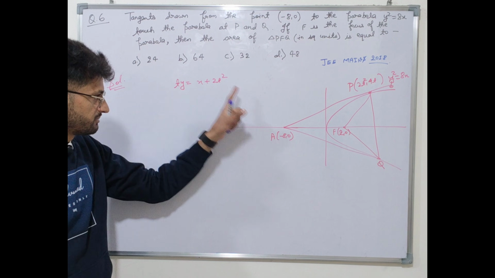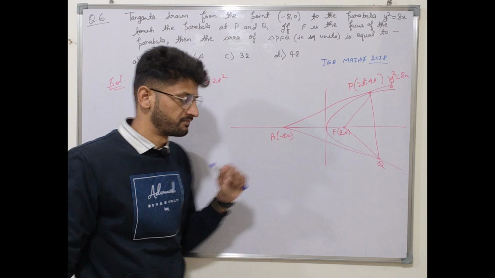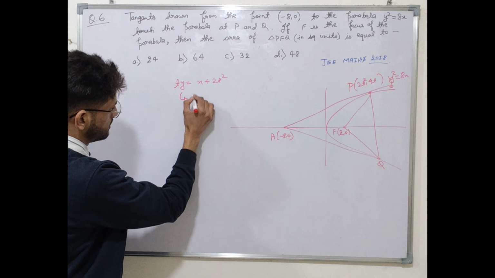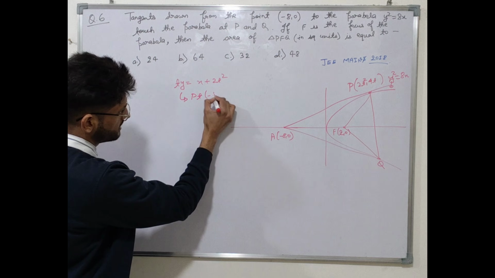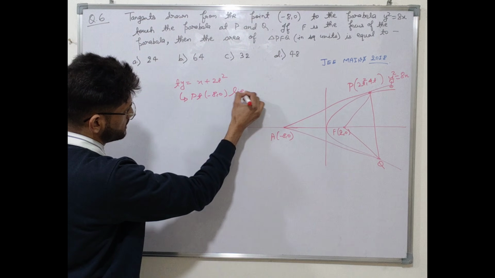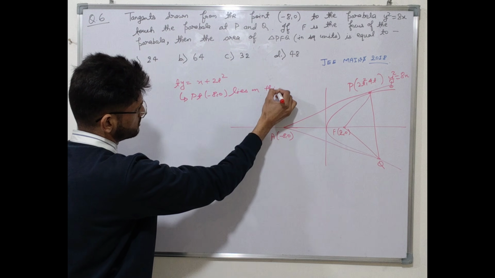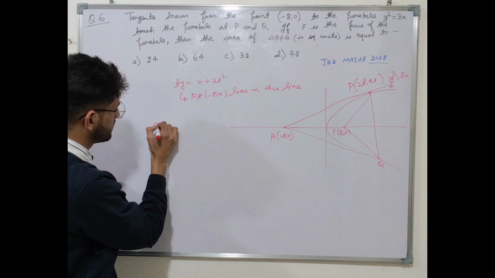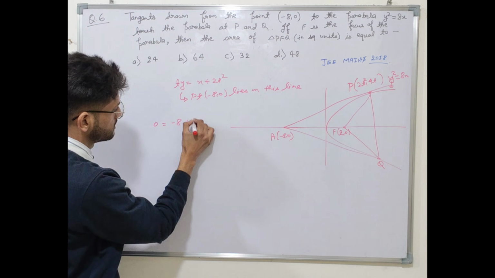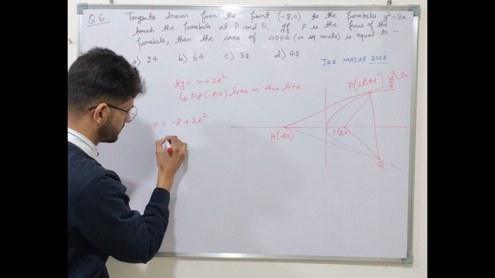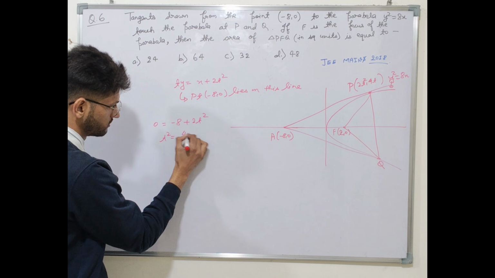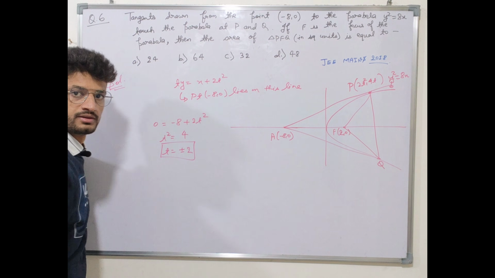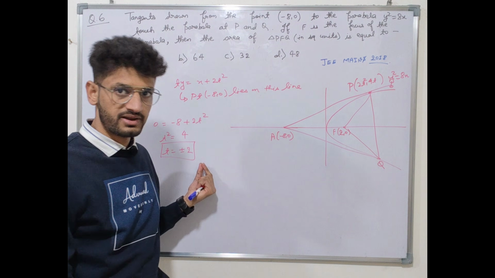Since this tangent passes through the point (-8, 0), the point lies on this line, so it satisfies the equation. From here we can write 0 equals -8 plus 2t square, so t square equals 4. That means t is going to be plus minus 2.